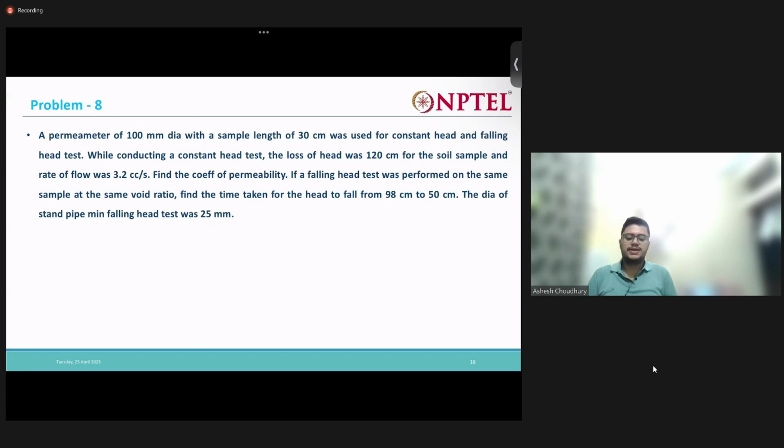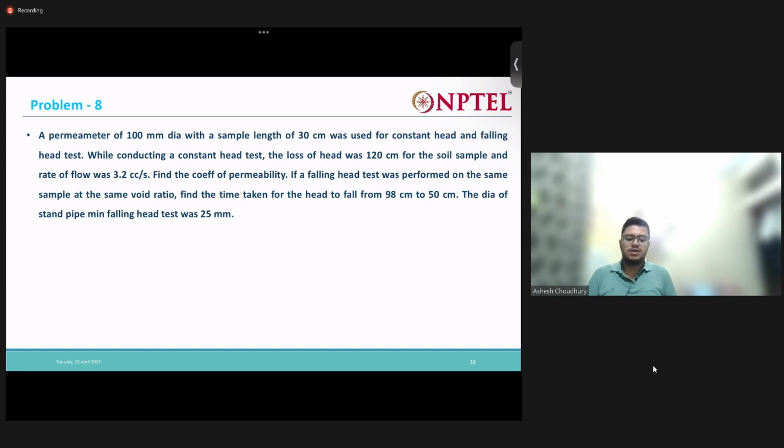After that, we studied how seepage actually affects our geostructures. We studied how seepage can lead to various problems like quicksand conditions or piping. It causes uplift under our geotechnical structures.